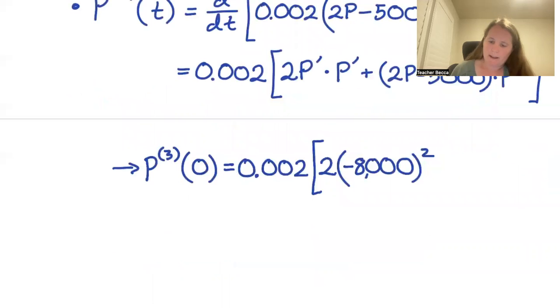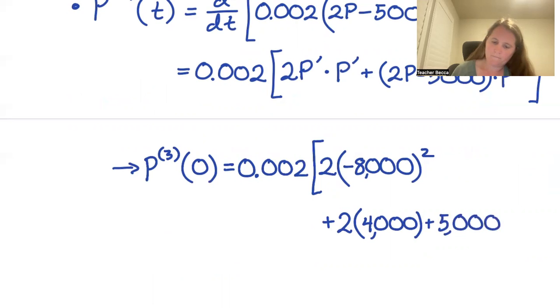Then we add to that 2 times p of 0, which was 4,000, minus 5,000, sorry, not plus. So we have 2 times 4,000 minus 5,000, so that's 3,000. We multiply that by the second derivative at 0, which was negative 48,000.